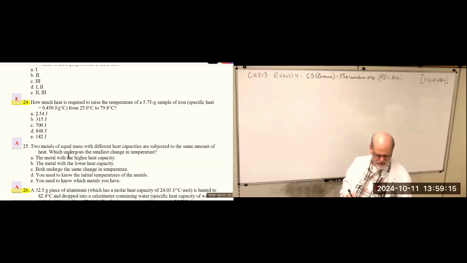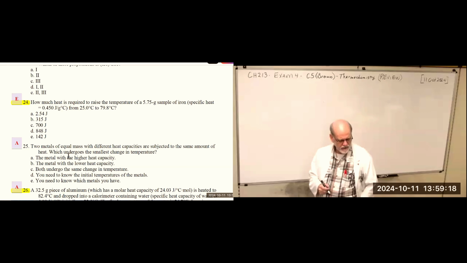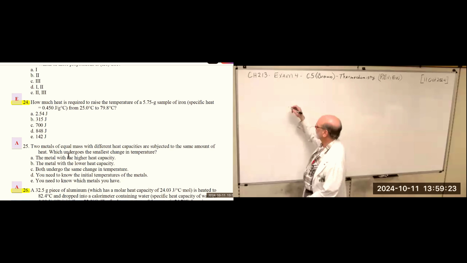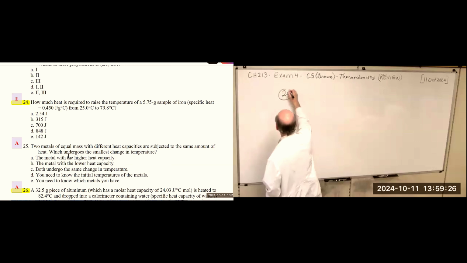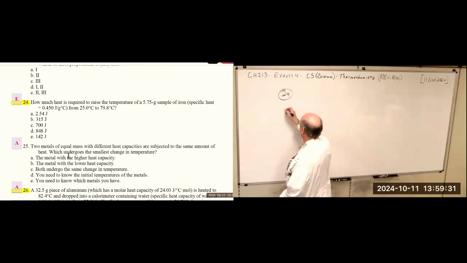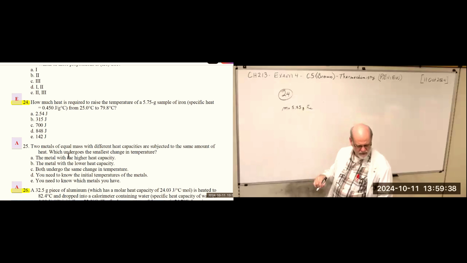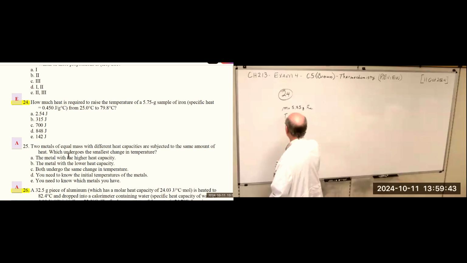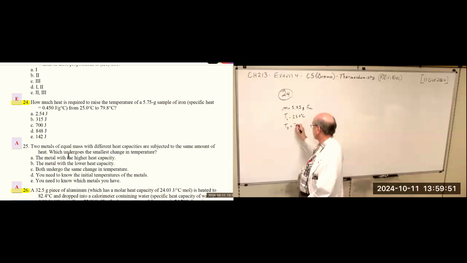Okay, how much heat is required to raise the temperature of a 5.75 gram sample of iron from 25 to 79.8? This is 24. What are we given? A sample of iron, 5.75 grams, an initial temperature of 25, and a final temperature of 79.8.